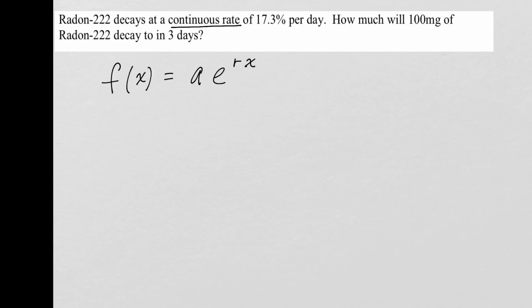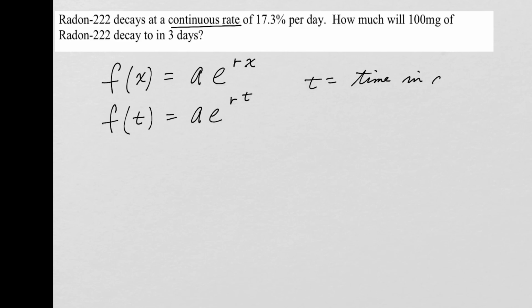Because we're talking about 3 days time, I could also write this, right? We call it x in general, but I could also use t in this case, where t is going to be the time in days.